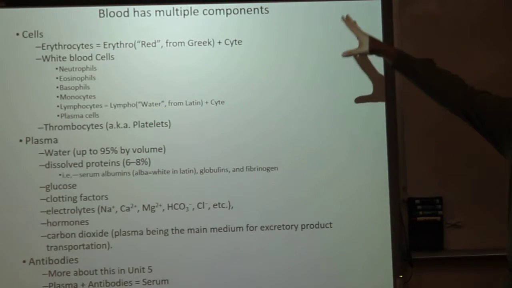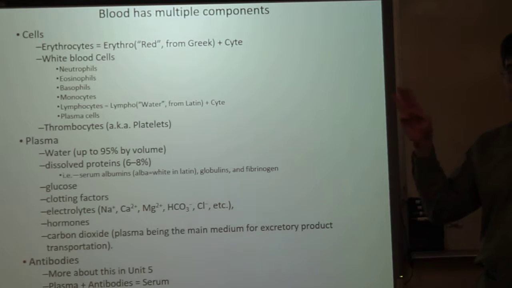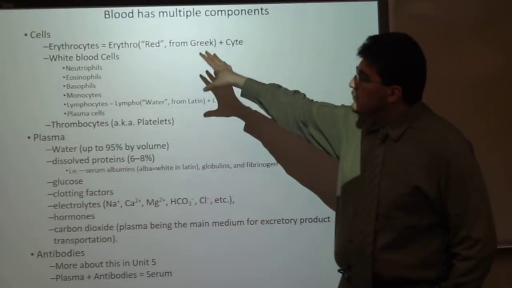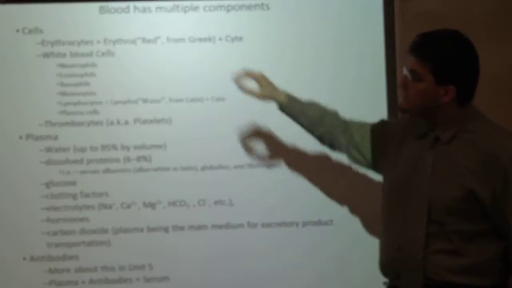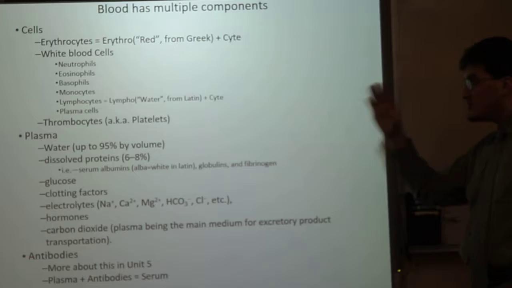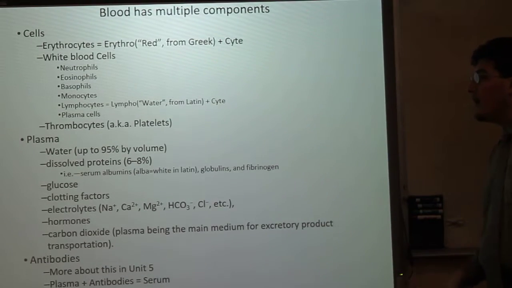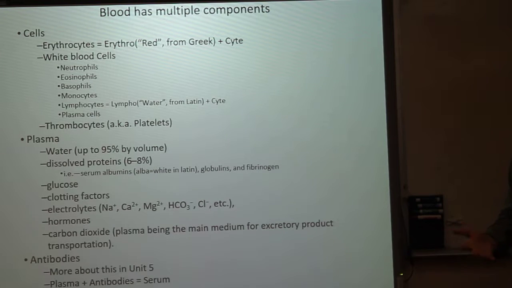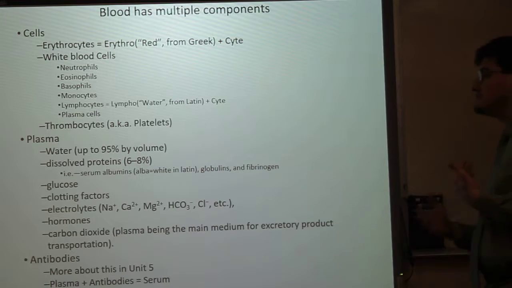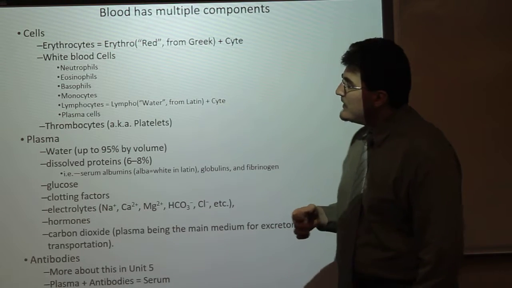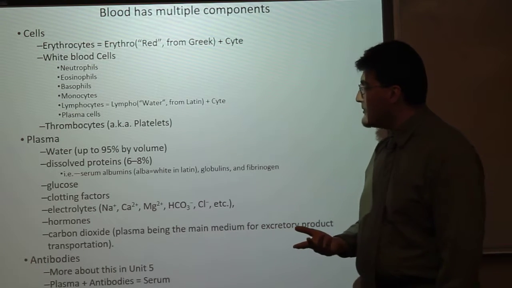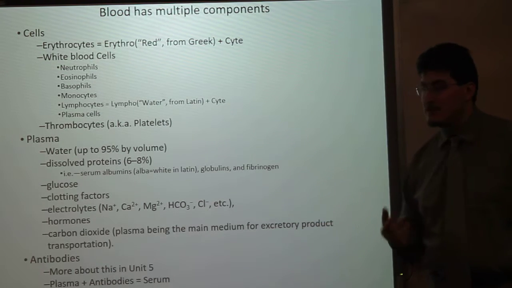Now, blood itself is actually comprised of three different things. Cells, which includes erythrocytes, white blood cells, and thrombocytes, which we have just finished discussing. Plasma itself, which is up to 95% water by volume, but it's usually around 90% most of the time. 6 to 8% dissolved proteins, mostly serum albumins, globulins, and fibrinogens.